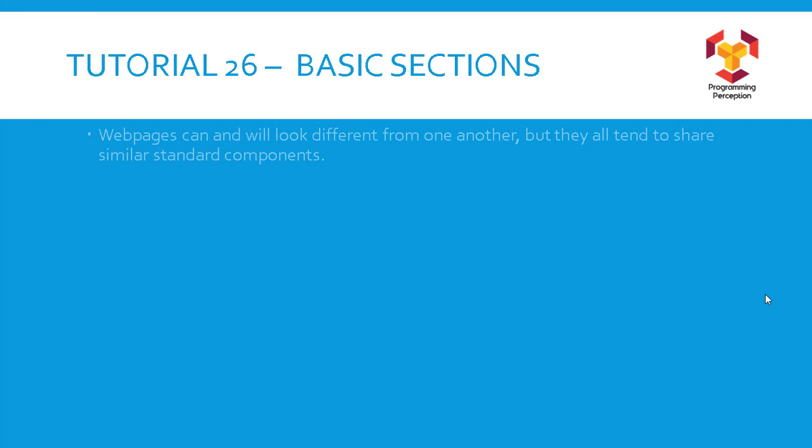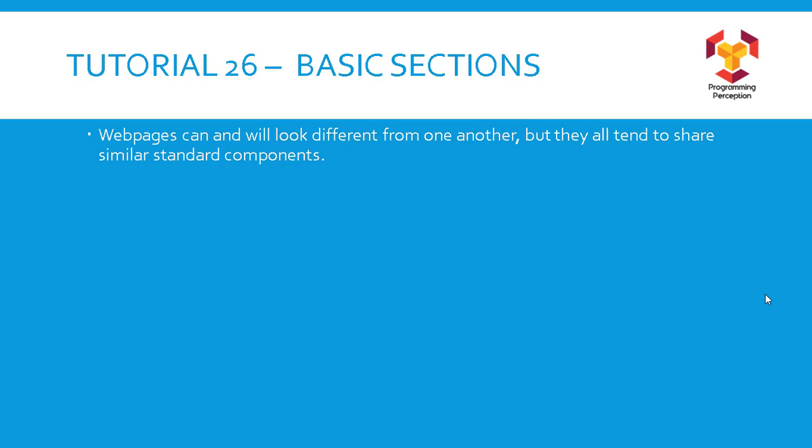So let's proceed. Web pages can and will look different from one another, but they all tend to share similar standard components. You might have been through plenty of web pages on the internet and you might know that all of them look different from each other, right?